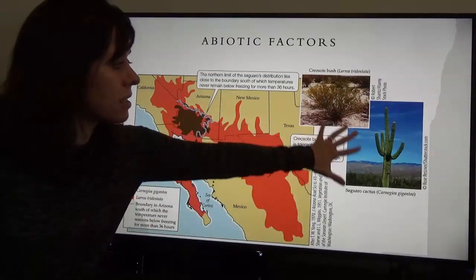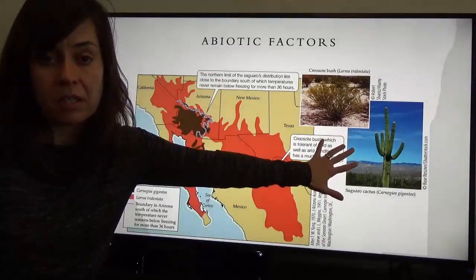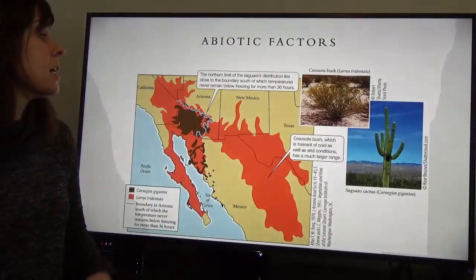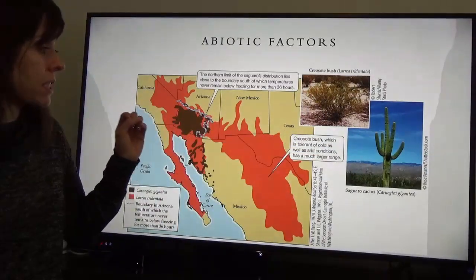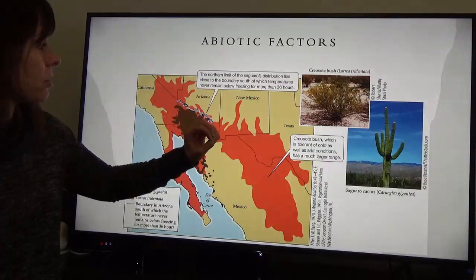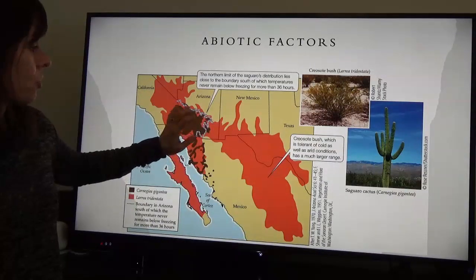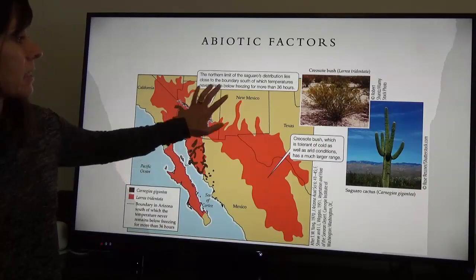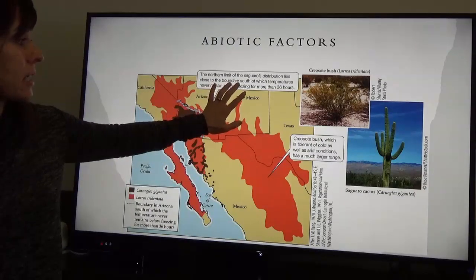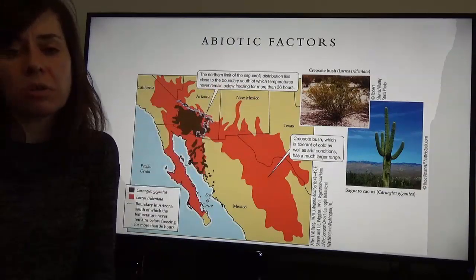You can see this tremendous difference in the morphology of these species. They use different physiological mechanisms to deal with drought, but a key difference that drives this differential distribution is the fact that the saguaro cactus is not able to tolerate freezing.